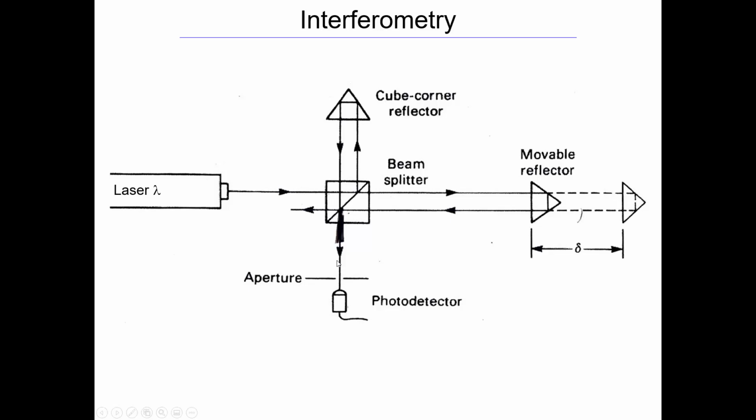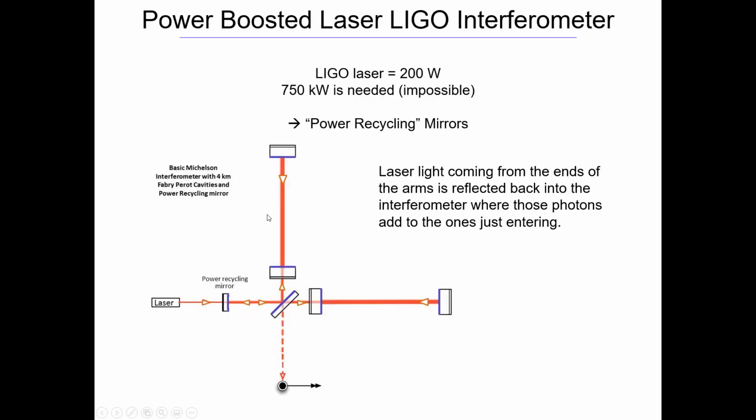Part of it is deflected down here to get recombined, to be sensed, but part of it is let through and just lost. So what they did is put this power recycling mirror in here. It essentially feeds that energy that would have been lost back into the system. That helps give them the power boost that they need.